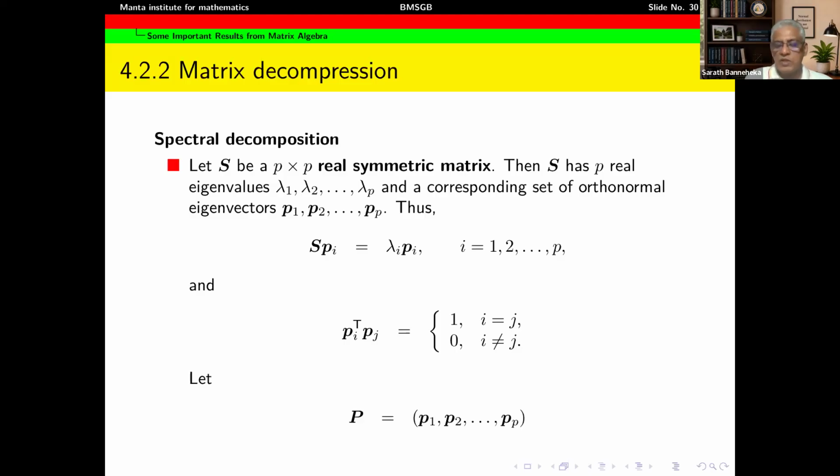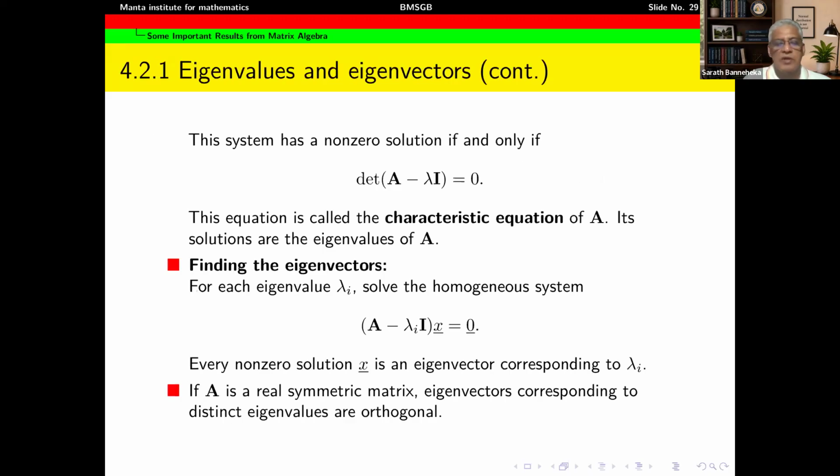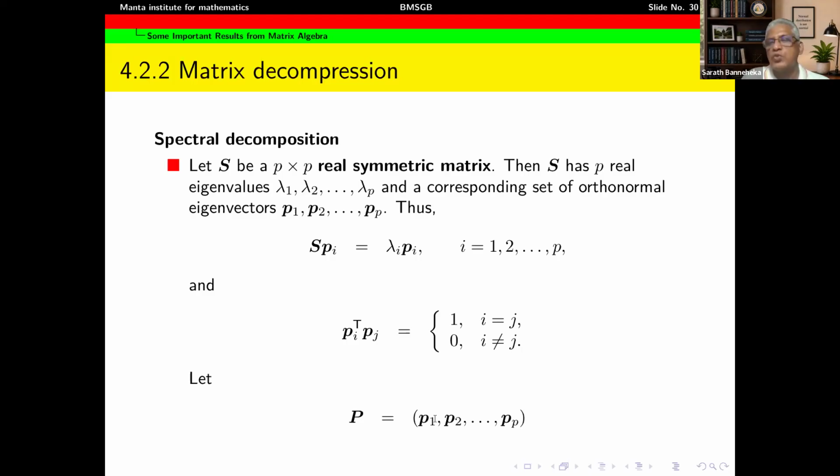Orthonormal means their sizes are one. Earlier I mentioned orthogonal; once you have standardized them, they become orthonormal. So suppose the corresponding orthonormal eigenvectors are P1 up to Pp.